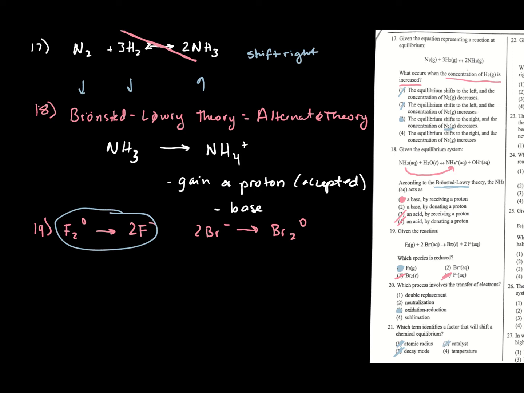It has no effect on the equilibrium. It's rather temperature that does. If you increase or decrease the temperature, the reaction is definitely going to shift one way over the other. So that's why it's choice 4. Temperature, pressure, and concentration changes definitely change the equilibrium shift. But a catalyst doesn't. It just speeds it up.